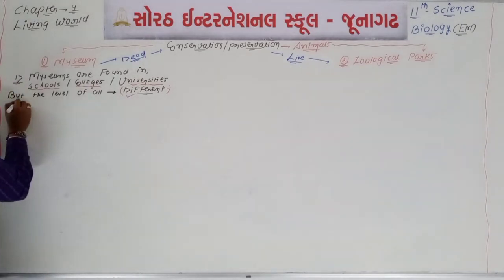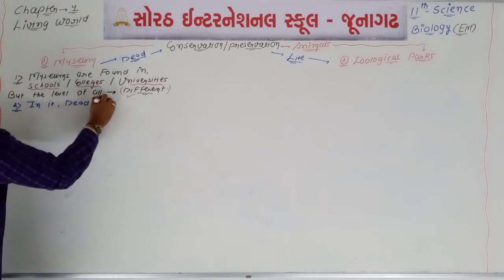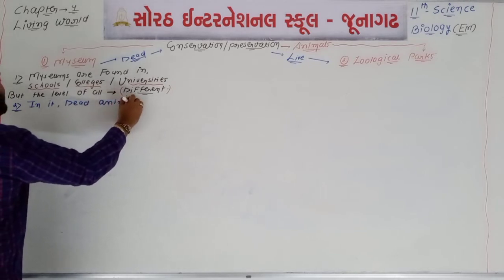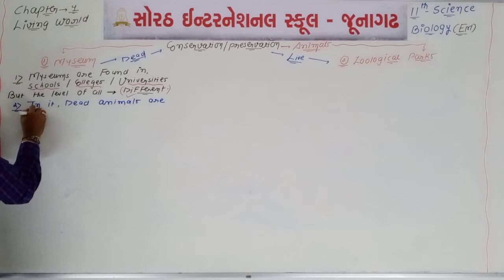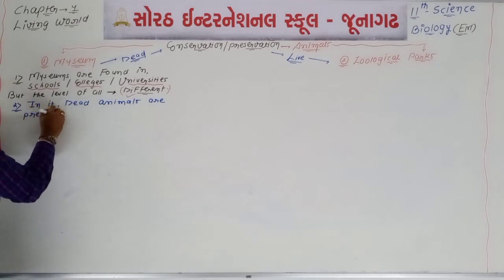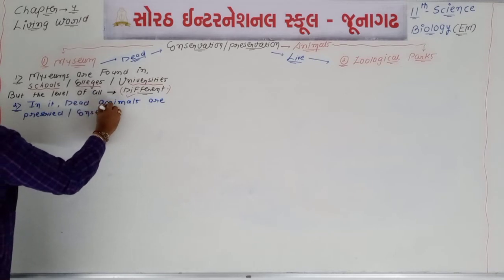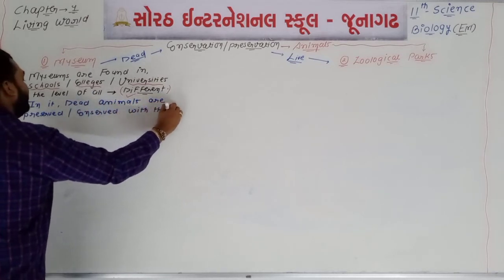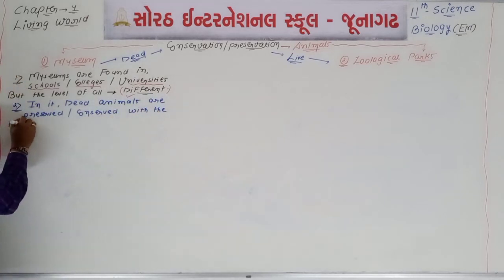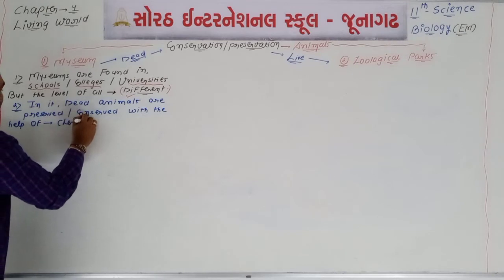Point number 2: in a museum, dead animals are preserved or conserved with the help of special types of chemicals.